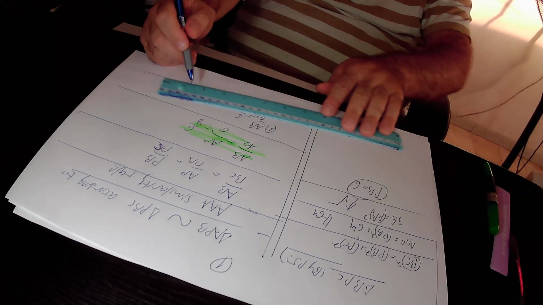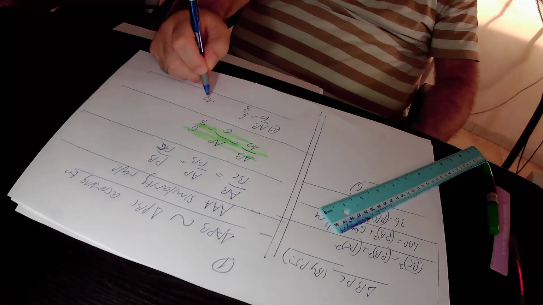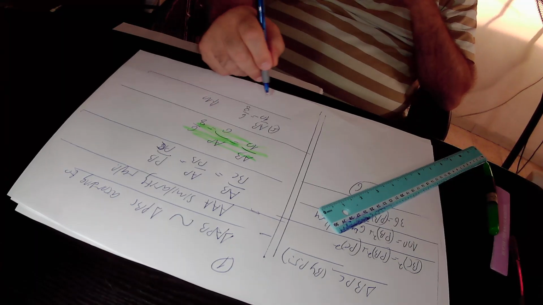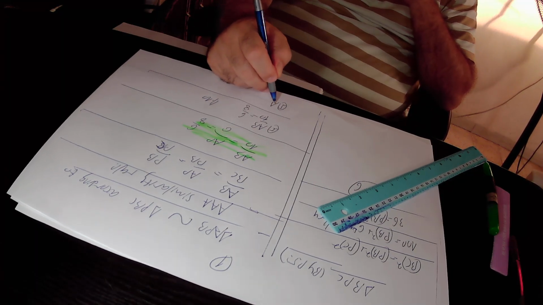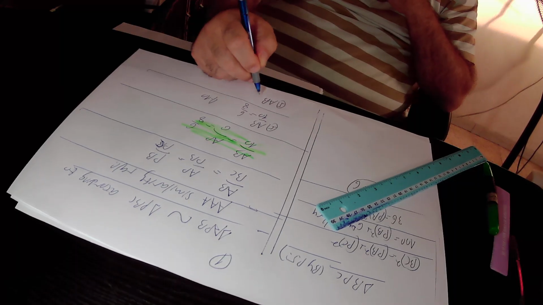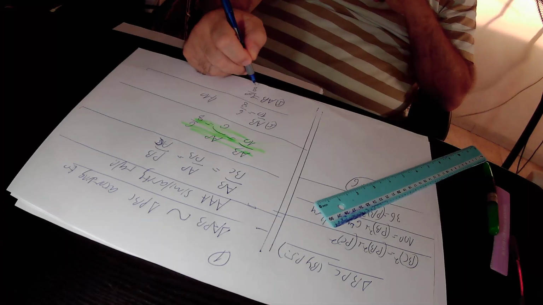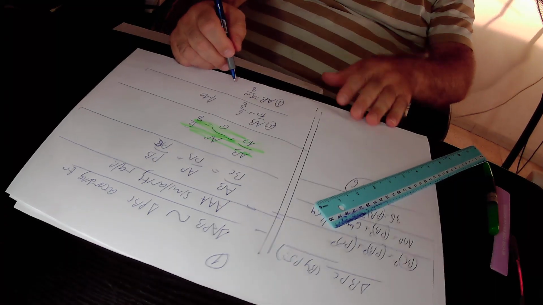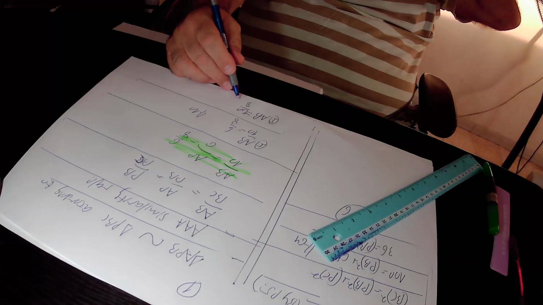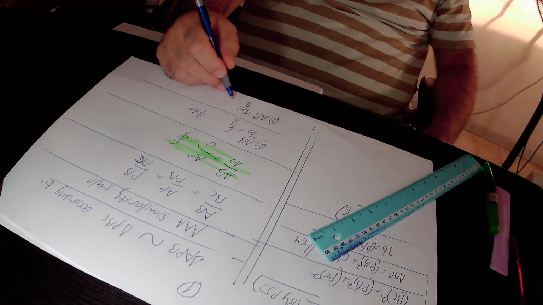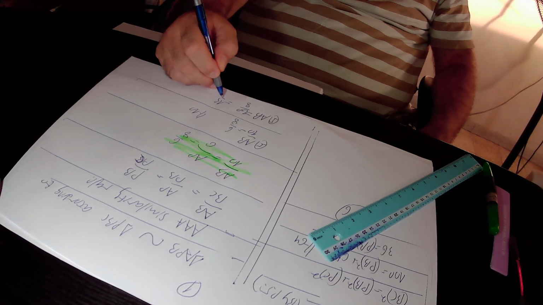So here we multiply equation 1 by 10, and we get that AB equals 6 times 10, which is 60, over 8. Here we divide both the numerator and the denominator by 4, and we get that 60 over 4 is 15, and 8 over 4 is 2.